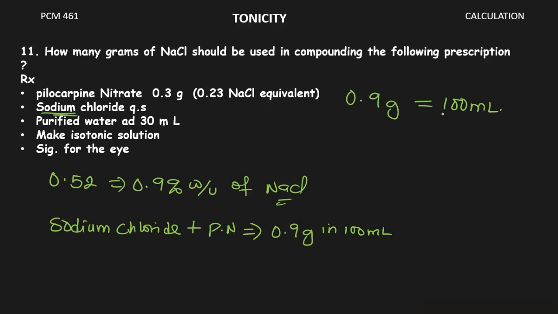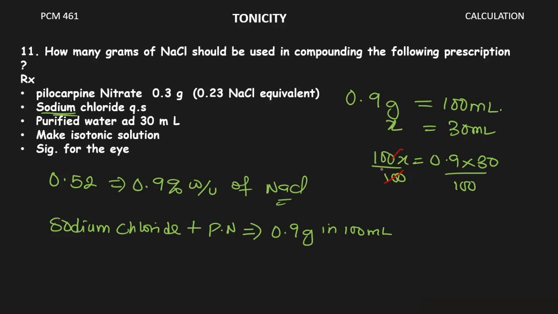So 0.9 gram will be equal to 100 mil. Then 30 mil will be equal to X. So you now say the total amount of sodium chloride needed in 30 mil, that's what we are calculating. So 100X will be 0.9 times 30. Divide both sides by 100. What did you get? 0.27.